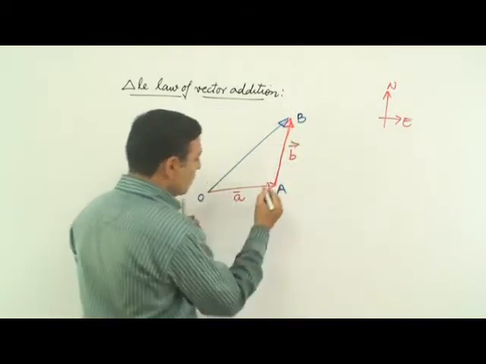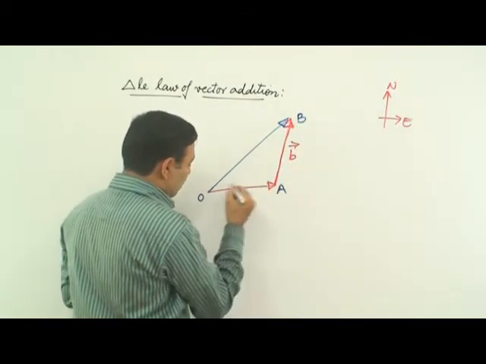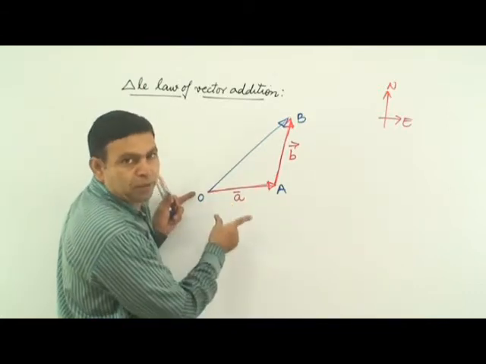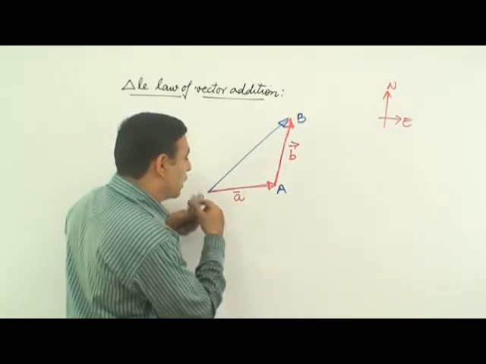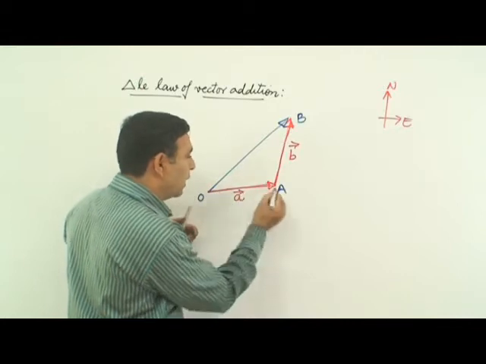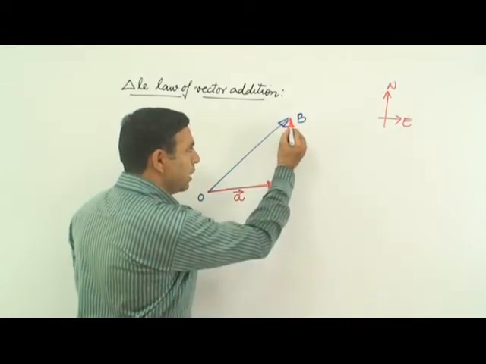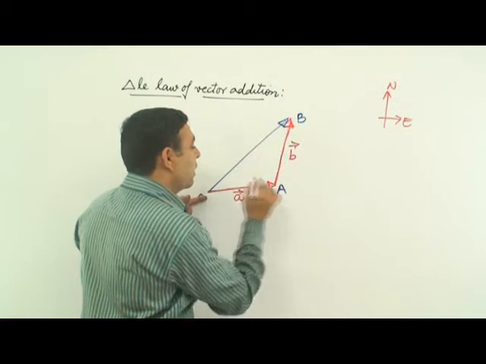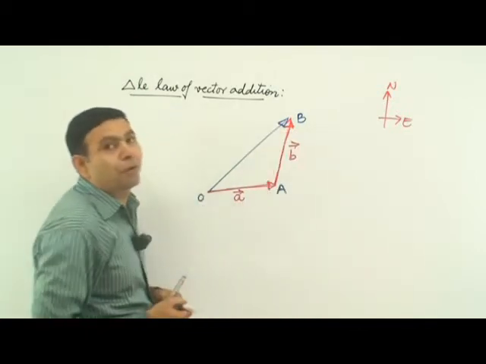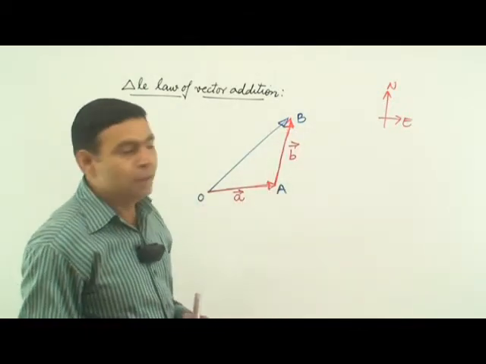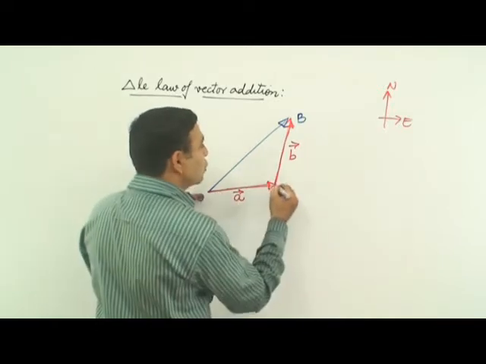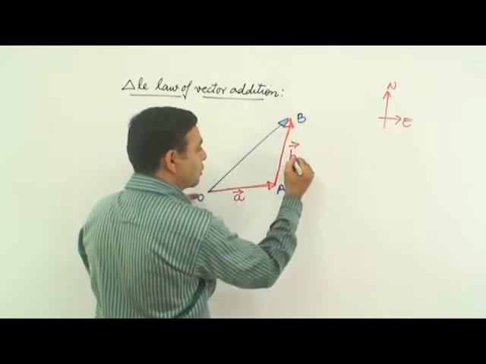That means if two vectors can be represented as two sides of a triangle in order, like tail head, then again don't say tail head, say tail head, tail, because we want the third side in the reverse order. Fine. So this is vector A, this is vector B, then the resultant is going to be this.